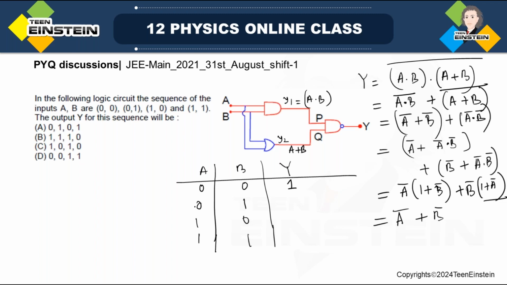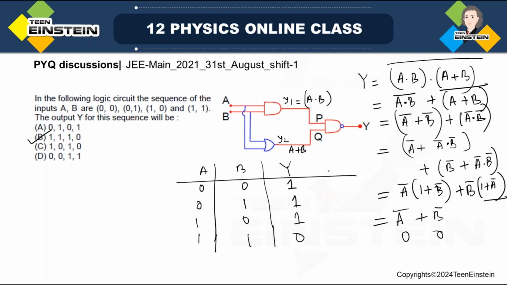If one among them is low, you will get output. But if both are high, then you get 0 or 0, so you get low output. So 1, 1, 1, 0 is the correct answer for this question. So this is very, very simple.